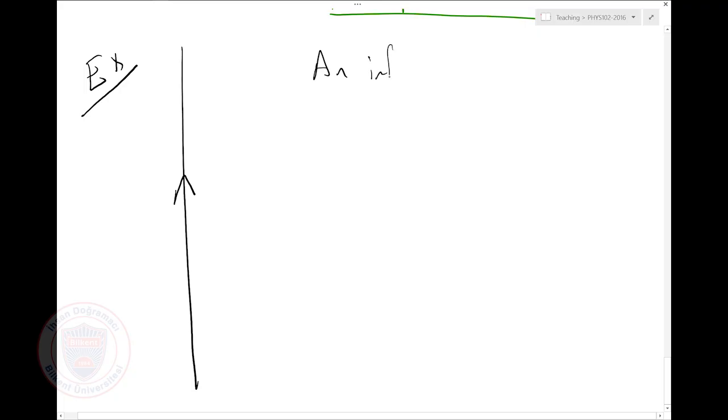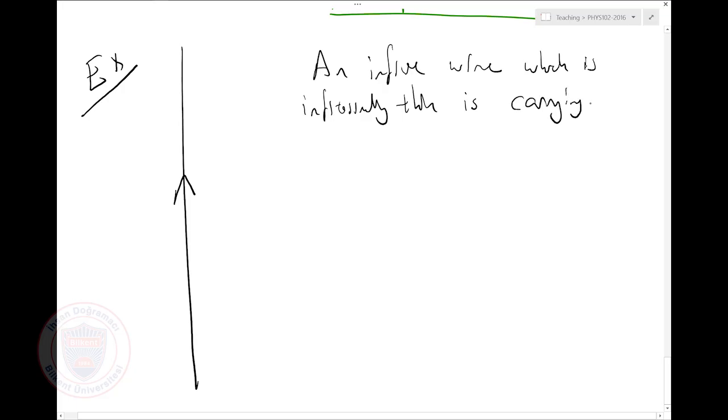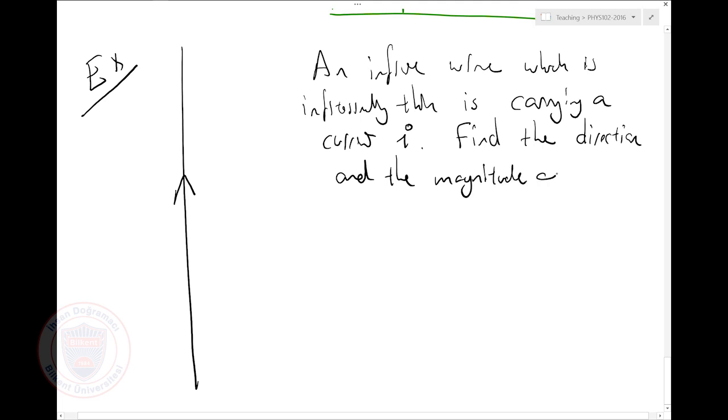An infinite wire, which is infinitesimally thin, is carrying a current I. Find the direction and the magnitude of the magnetic field created by this wire.